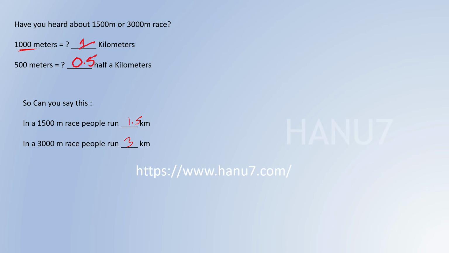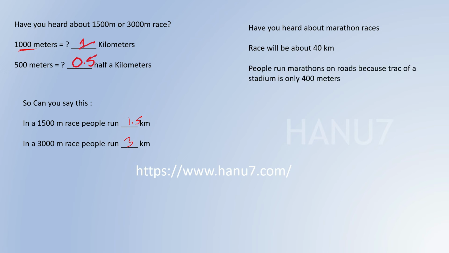Now one more. Have you heard about marathon races? A race will be about 40 kilometers or more. People cannot run in stadiums, because the track in a stadium is only 400 meters. So people run marathons on roads because of the track restriction, the size being only 400 meters.